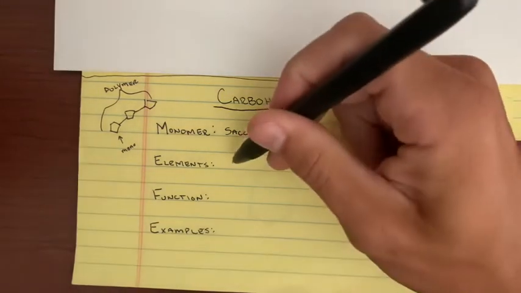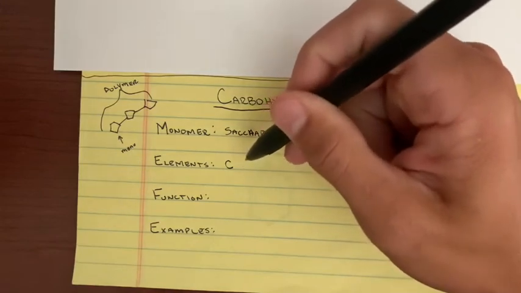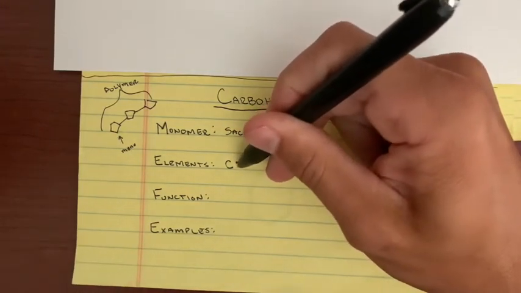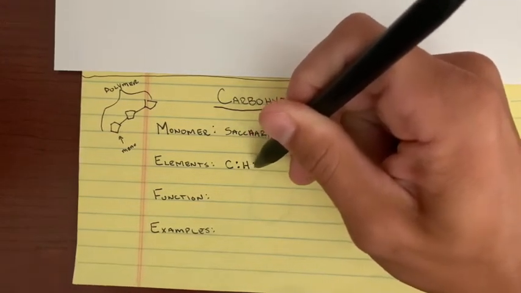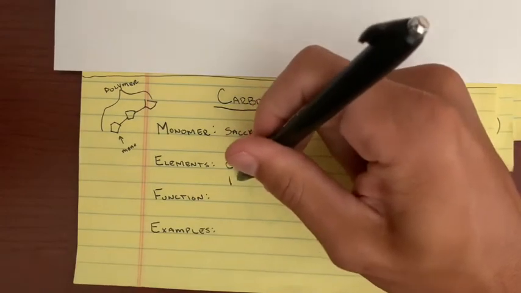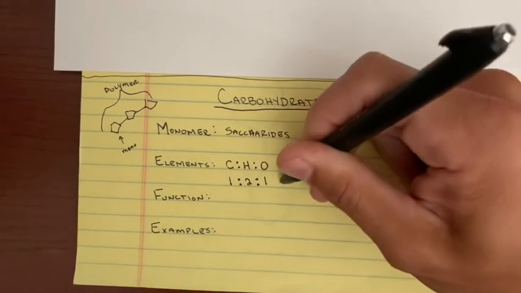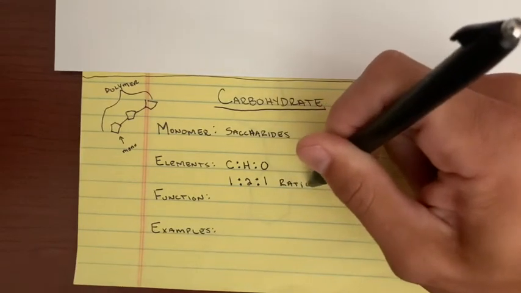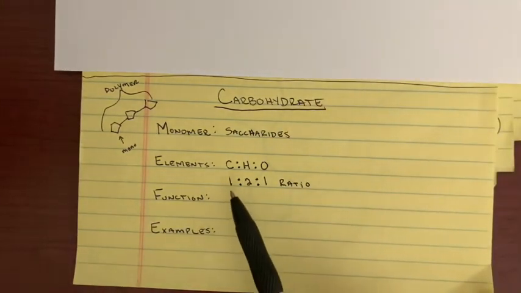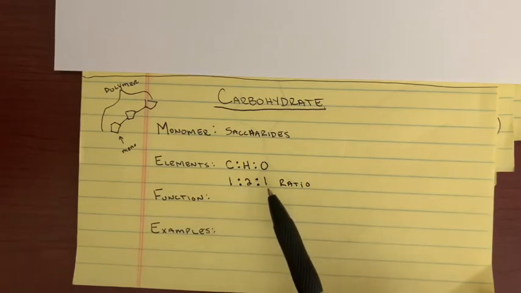The elements are carbon, of course. All biomolecules are going to contain carbon, hydrogen, and oxygen. So that's the elements in a carbohydrate, and it's in a 1-to-1 ratio. Okay, what that means is 1 carbon, 2 hydrogen, and 1 oxygen. That's the ratio that it's going to keep to form a carbohydrate.